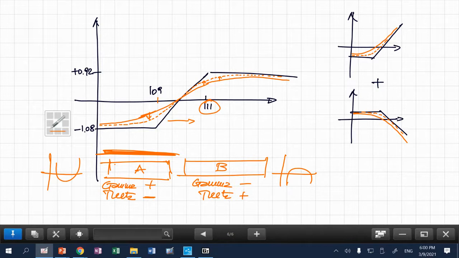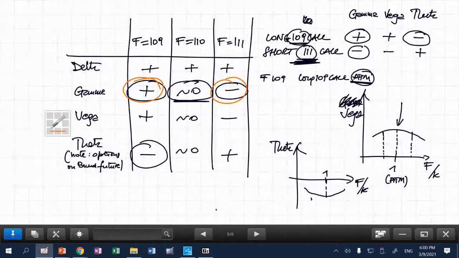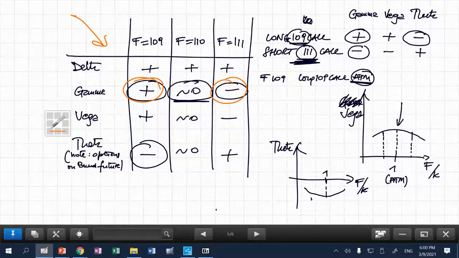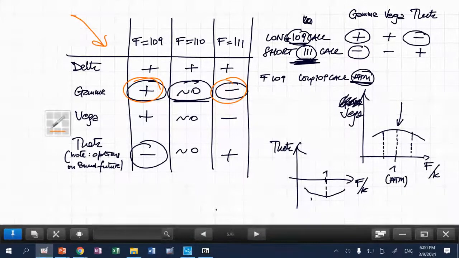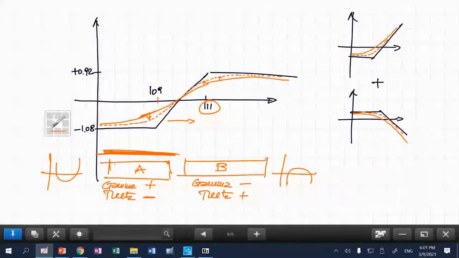I'm only giving you the sense that if you made a plot on Excel, this is what you would find, and this is consistent with what you can possibly understand, which is reconstructing this table. So reconstructing this table is something I expect you to be able to do, based on what you know on the Greeks, especially if you review the Greeks part over time, okay?